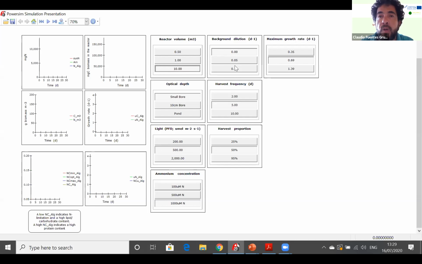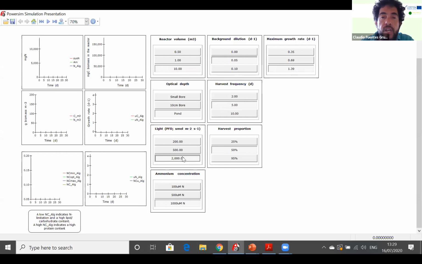We have a background dilution of 5% on a daily basis, for a high-speed algae like spirulina or most cyanobacteria. We're going to have ponds, the harvest frequency will be every 5 days, but we will have a higher solar irradiation, and we will have the same 50% harvest proportion, with a high amount of ammonium in this case.